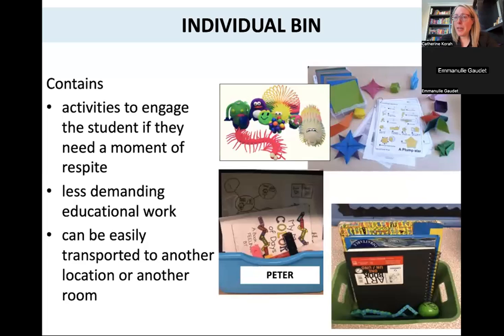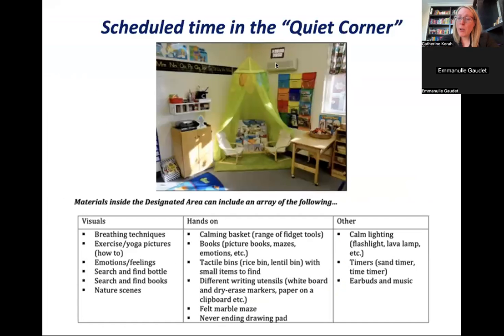The other thing that could be a good idea, and again, we're at tier 2 here, so it's not for all kids. It is for some kids that may benefit from this, where we put together an individual bin. And perhaps they could be using it at their desk, or in the quiet corner, or they could be leaving the classroom and using it in an alternative setting in the school, whether a nurturing support center or another space.